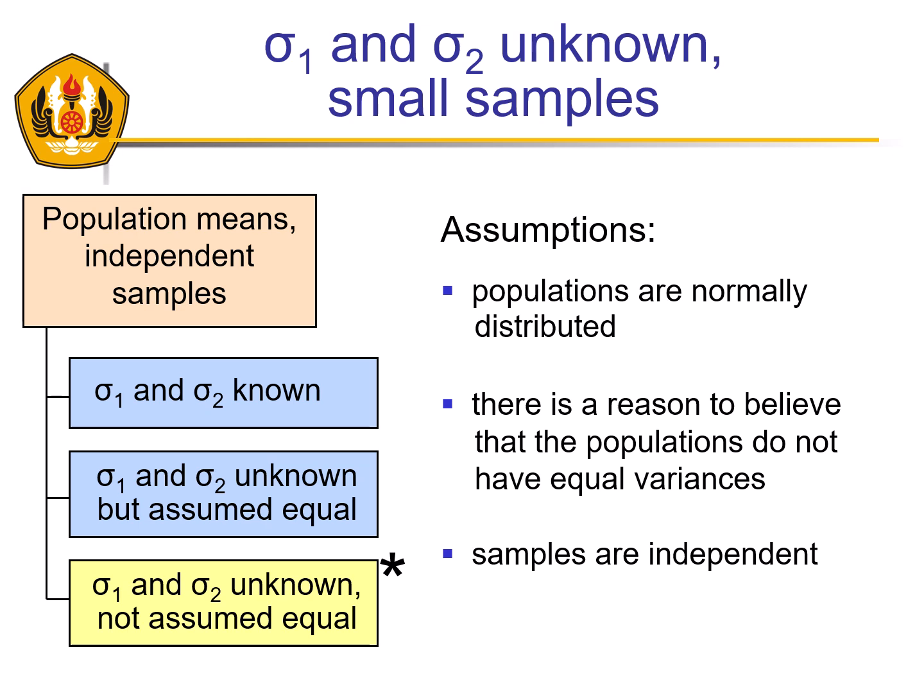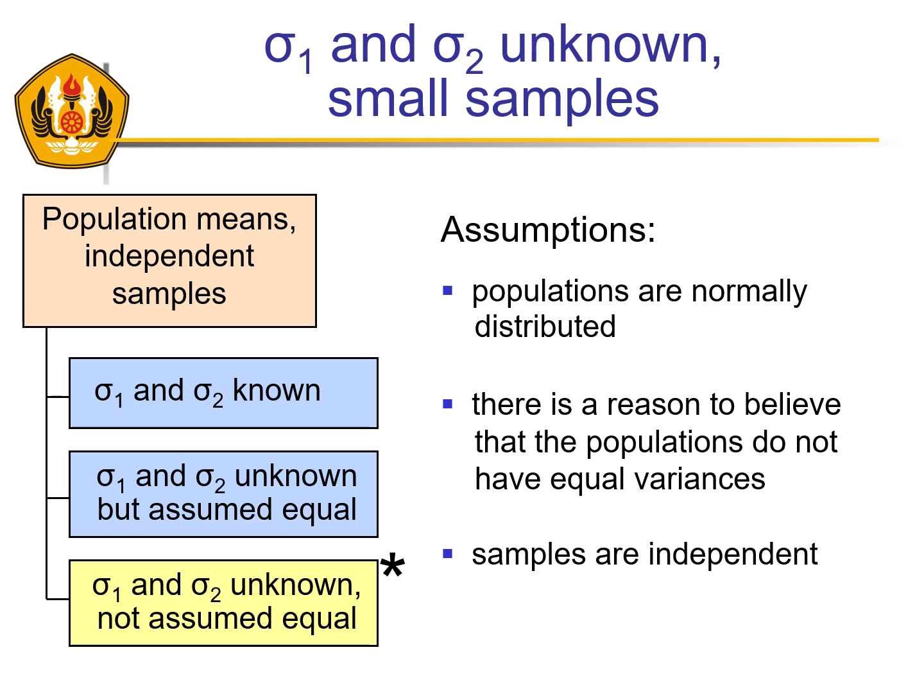The third case is when sigma 1 and sigma 2 are unknown and they are not assumed equal. The assumptions can be derived like this. The first one is that the populations are normally distributed, similar to the previous ones.